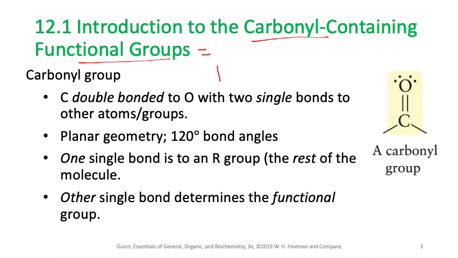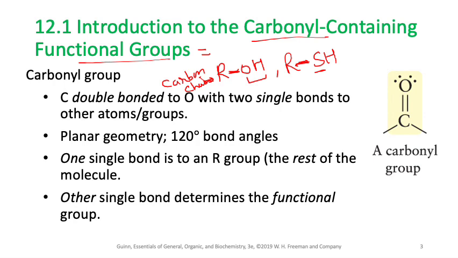For example, we talked about an alcohol that has an OH group attached to an R carbon chain through a single bond. Similarly, we talked about the thiol group where you have SH, and this SH group is attached with a single bond to the carbon, right?